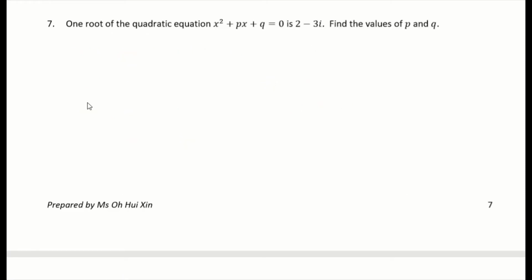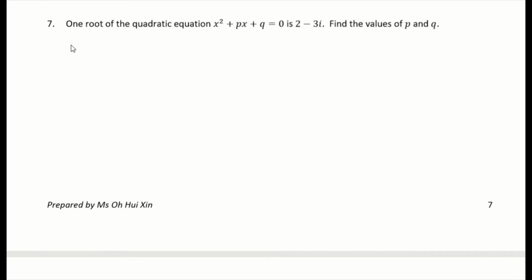Okay, 7. One root of the quadratic equation x squared plus px plus q equals 0 is 2 minus 3i. Find the values of p and q. This is the question that I mentioned just now. I said that normally the roots of your quadratic equation will be the conjugate of each other.